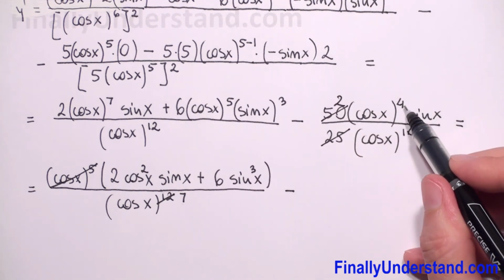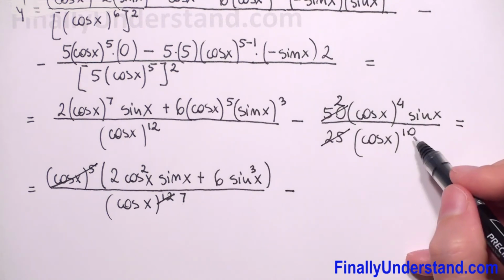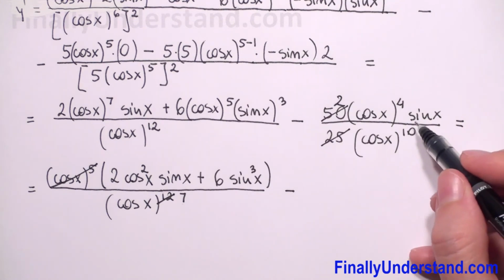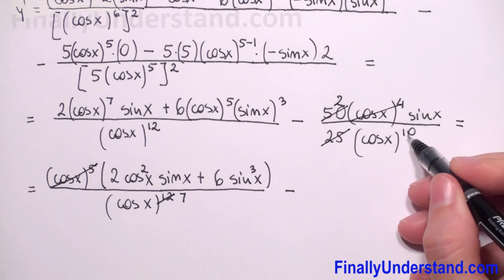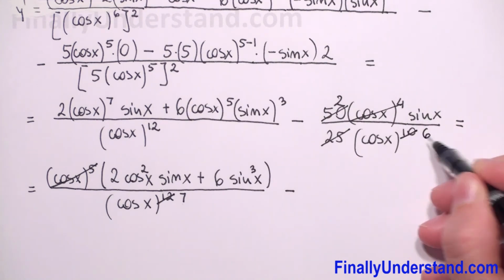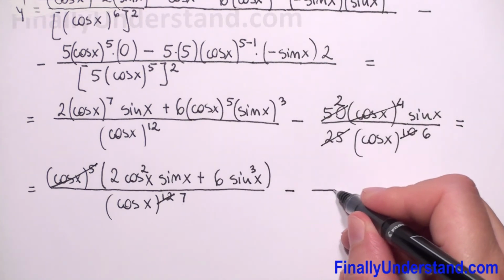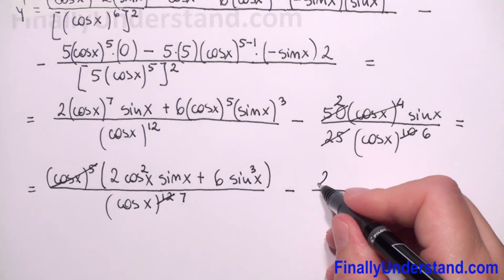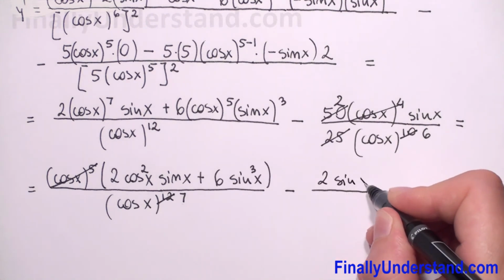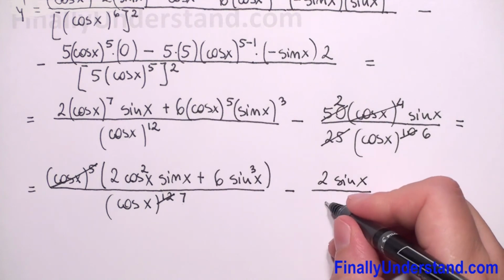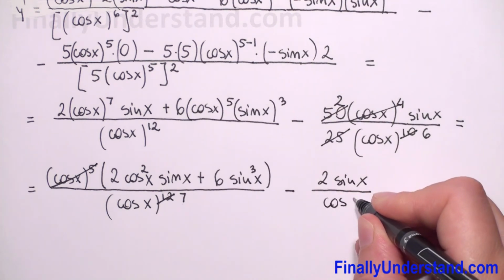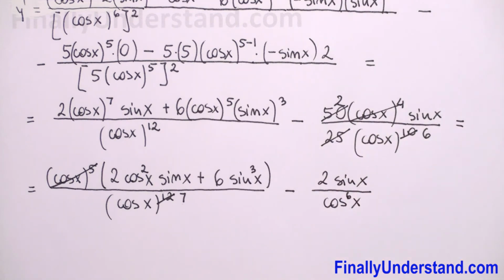And cosine to 4th power and cosine to the 10th power we can reduce. So 10 minus 4 is 6. So we have in the numerator 2 sine of x over cosine of x to 6th power. So this is equal.